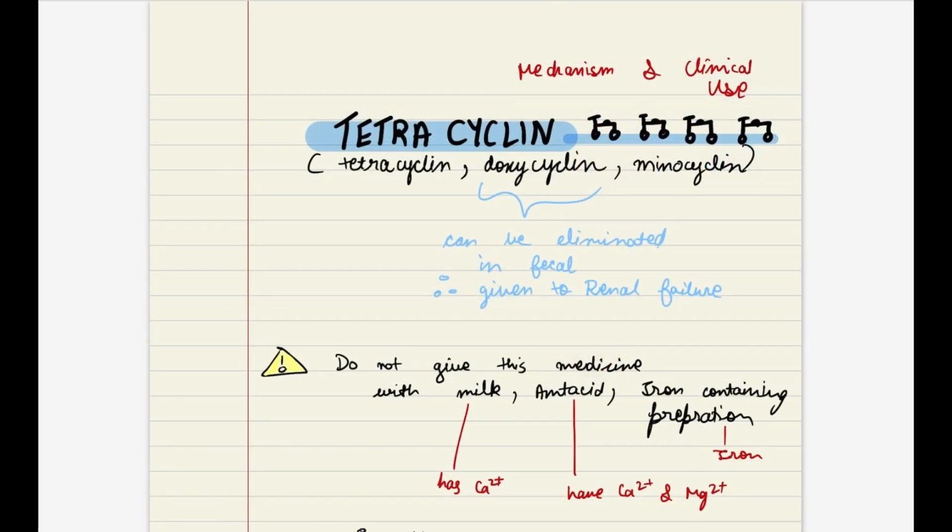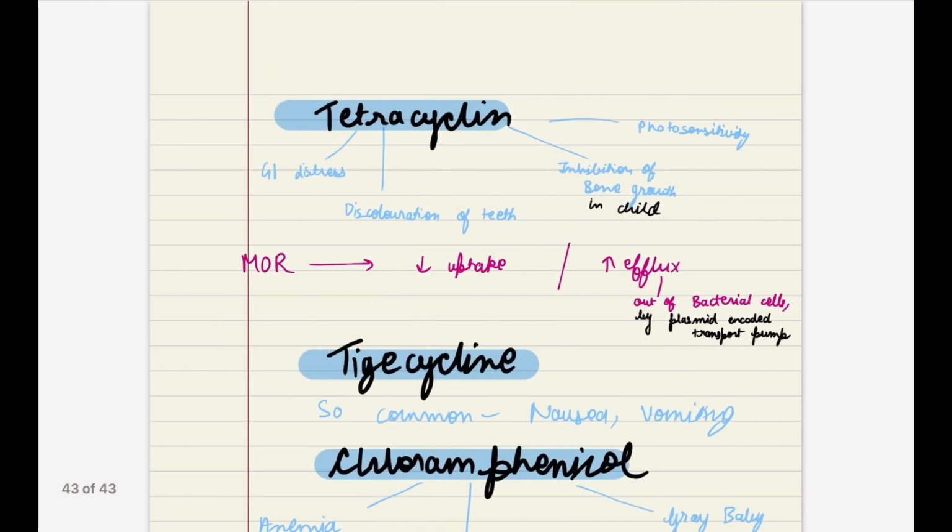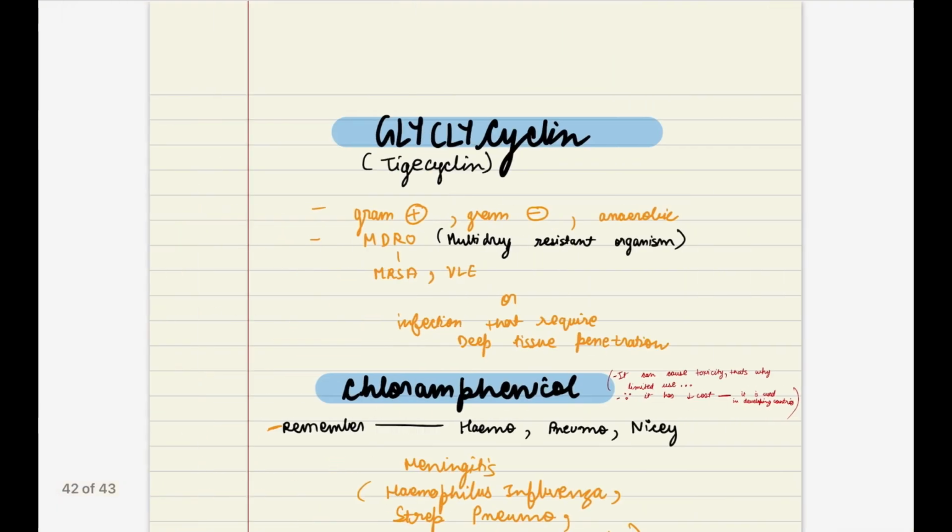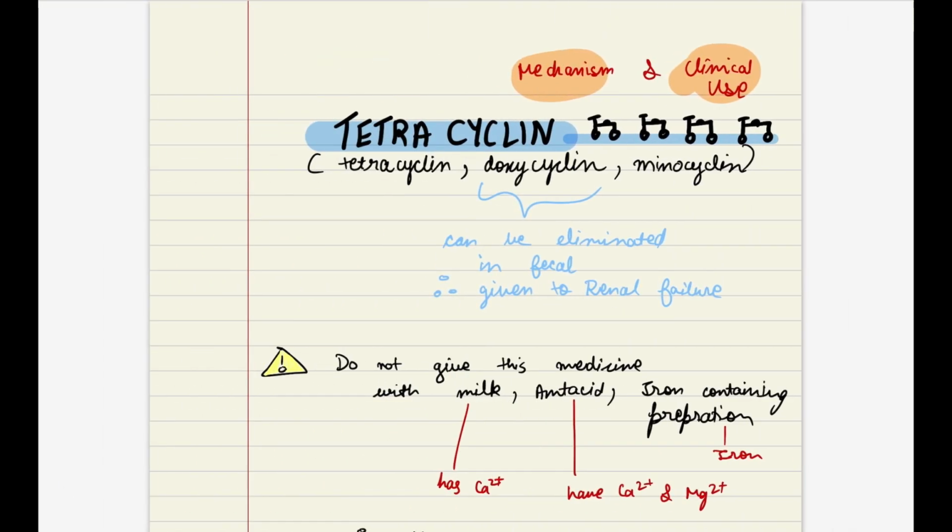Now we are gonna look into each drug one by one, all of these four drugs. First we are gonna cover the mechanism and the clinical use. After that we will go into its adverse effect and MOR, mechanism of resistance. Now the first drug, as I told you, is tetracycline.